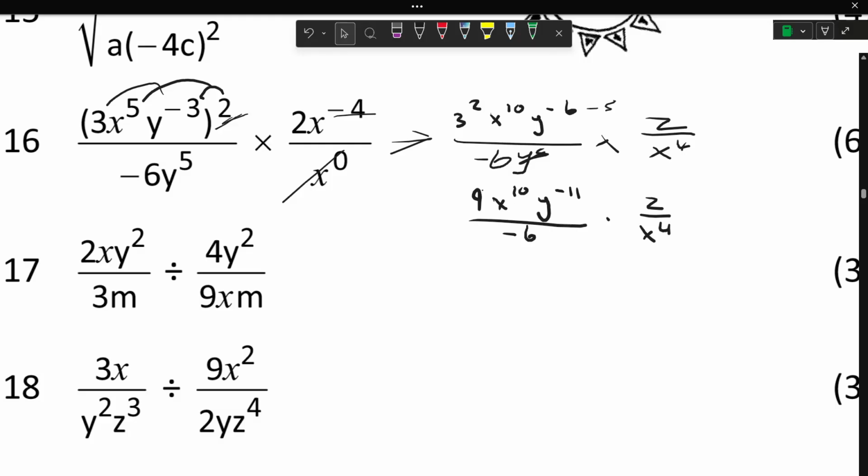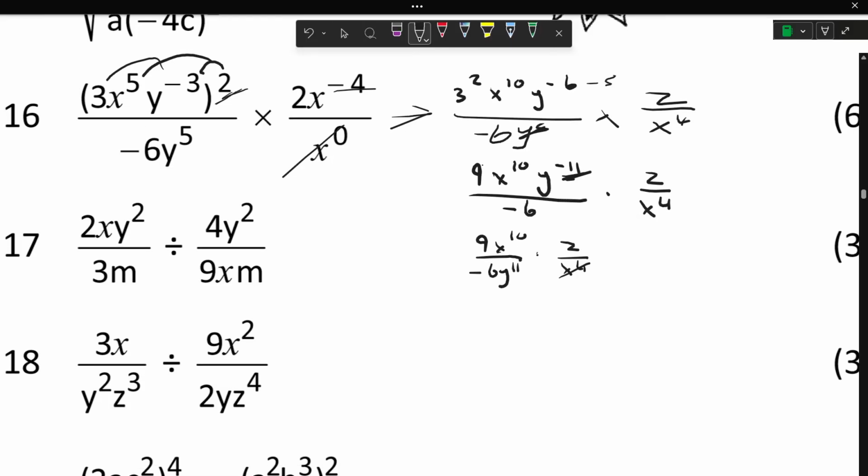So now we're going to say 9x to the 10 over negative 6y to the 11, because remember this negative means it moves to the bottom, times 2 over x to the 4. Then we can minus that, and we can say that this is going to be 18x to the 6 over negative 6y to the 11, and 18, 6, 12, 18. So this divides, it's going to be a negative 3x to the 6 over y to the 11.